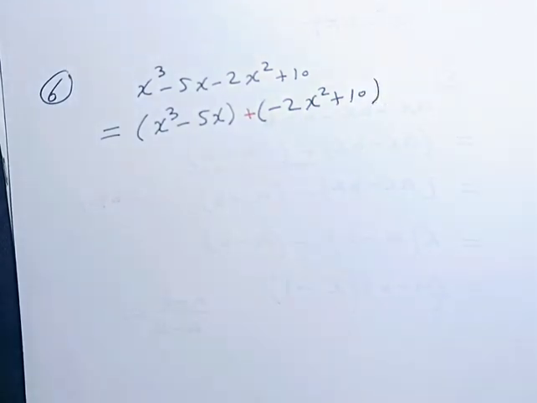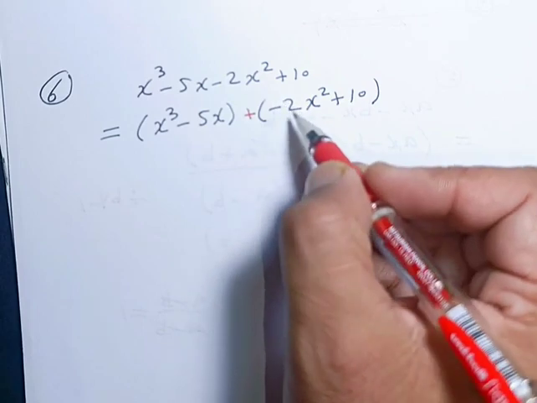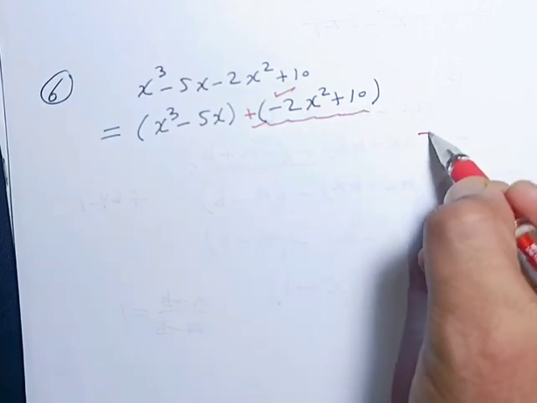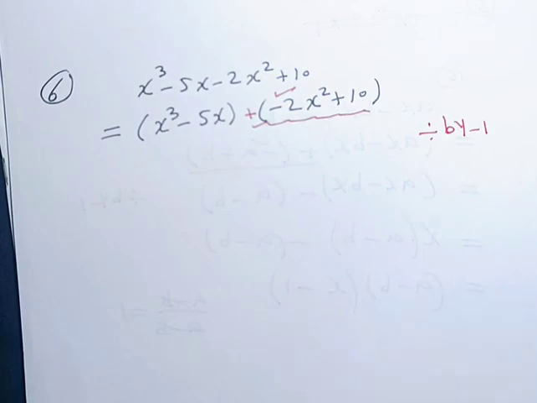Now I can see in my second bracket the first term's coefficient is negative, so I must divide the whole term by -1. I need to modify it.